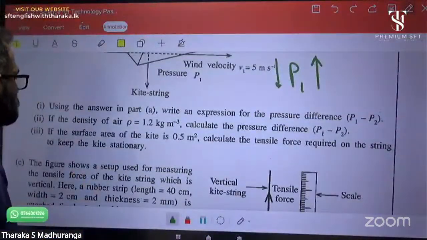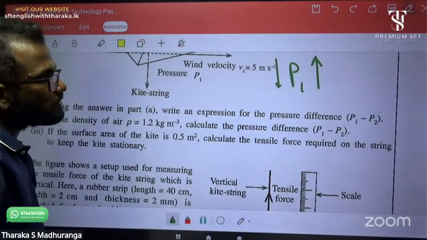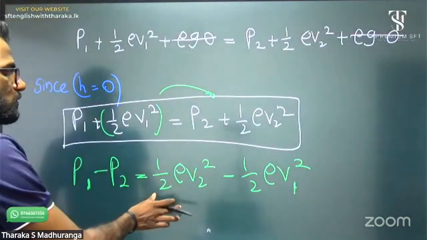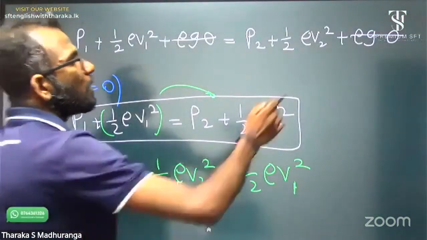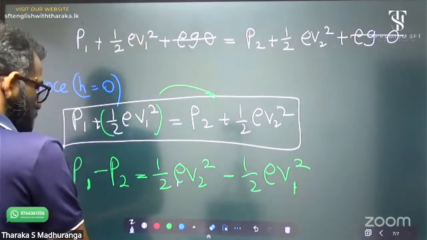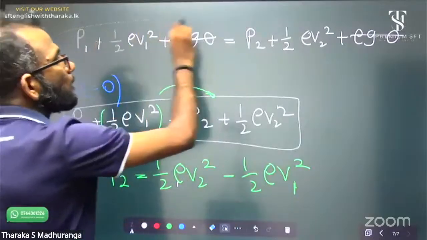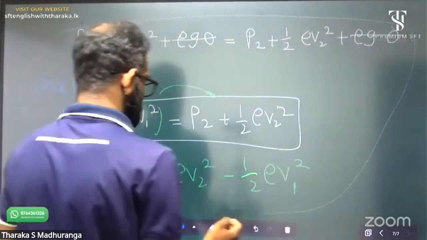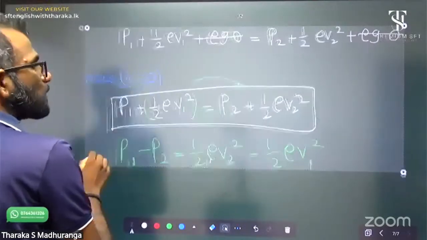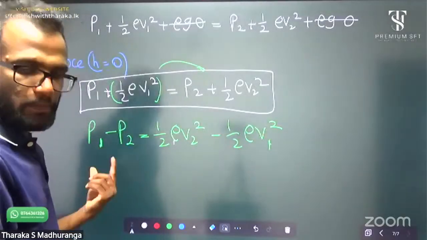If the density of air is 1.2, calculate the pressure difference. The question asks for the pressure difference, that means P1 minus P2.